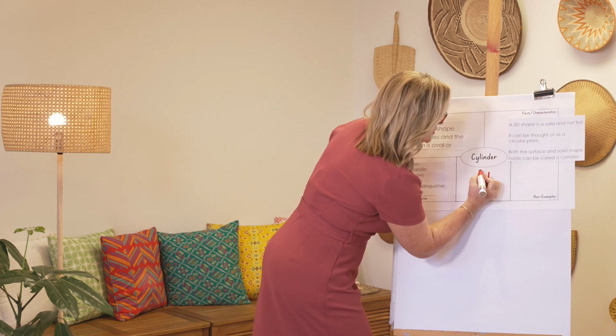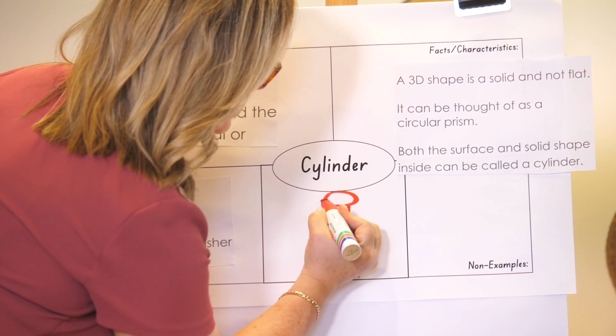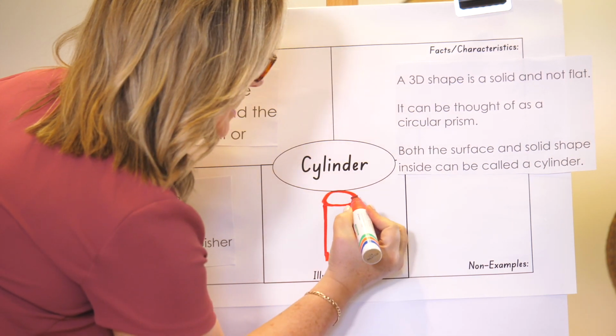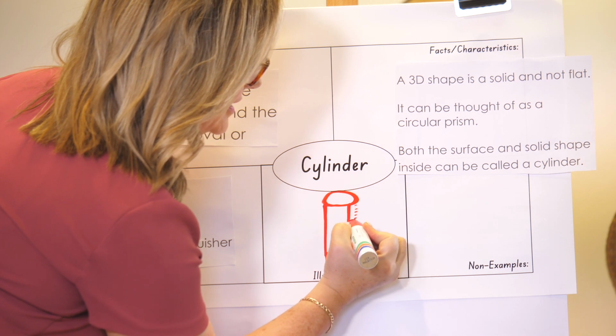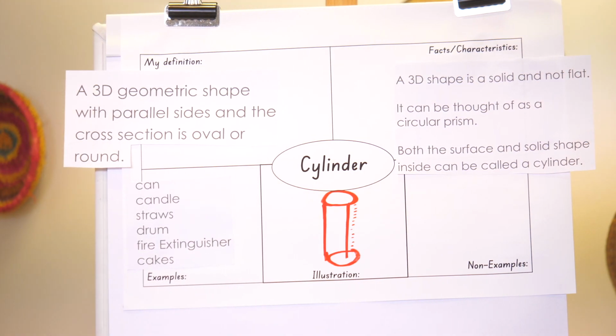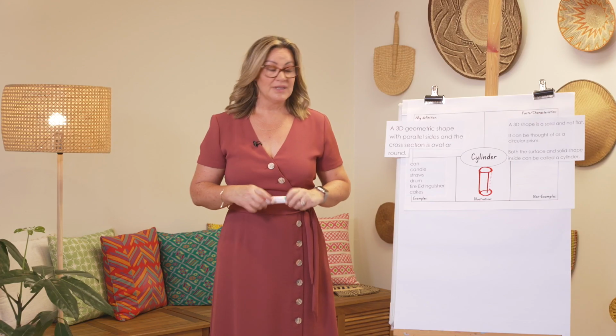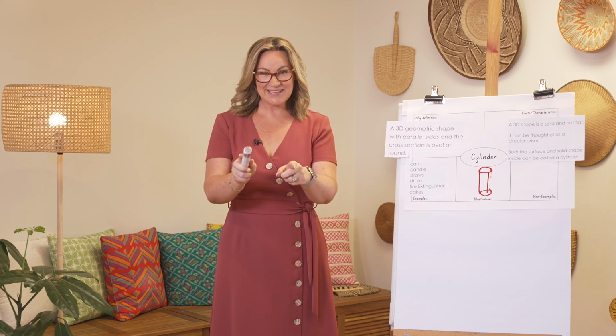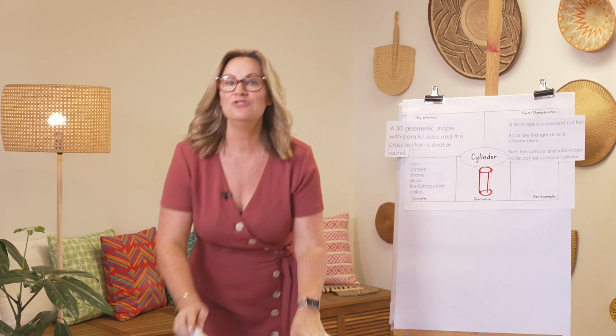Let's try for a little bit of an oval shape here. Oval, oval, bring that down. And we know that it's a 3D shape. So there is my cylinder. It's a 3D shape, it's not flat. So let's come to the last part, which is our non-examples.